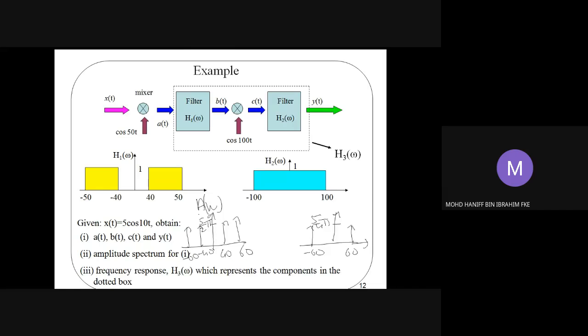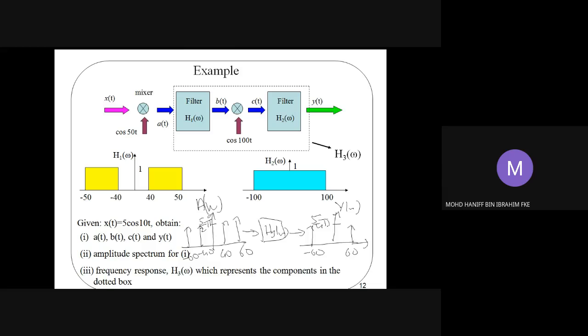In between A(ω) and Y(ω), there is a system, which is your H3(ω). So you are requested to find the frequency response for H3(ω) such that when the input is 4 impulses at these locations with this amplitude, the output has only 2 impulses at these positions with amplitude 5 over 4π.